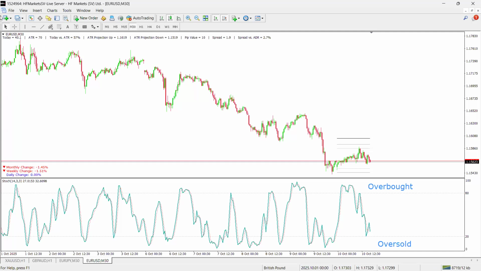Buying or selling in line with the current trend using the stochastic.